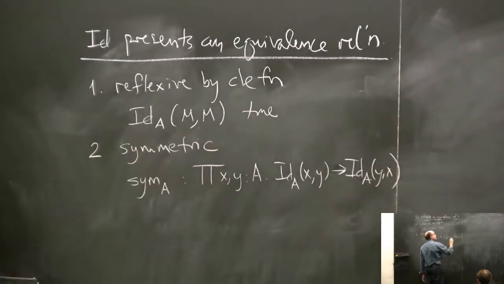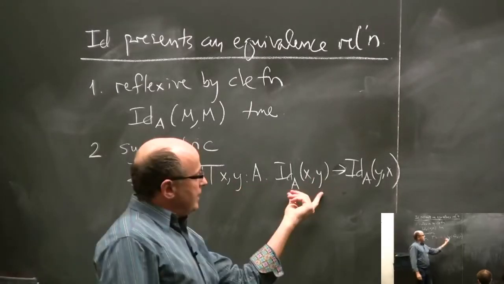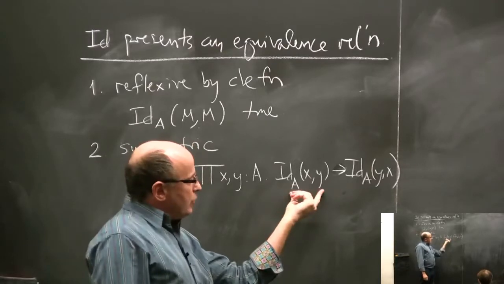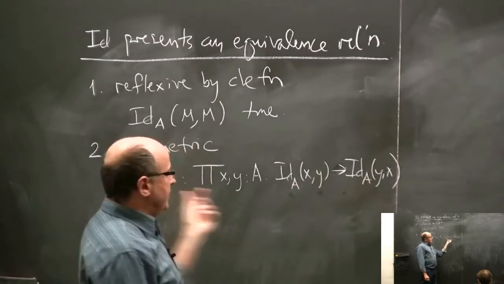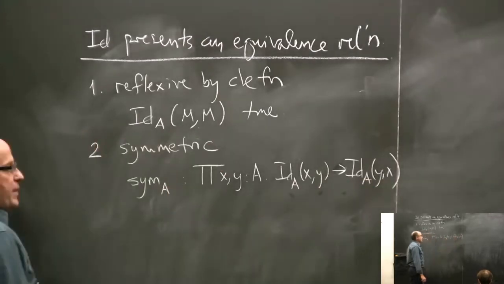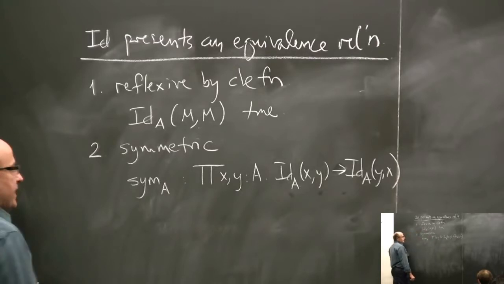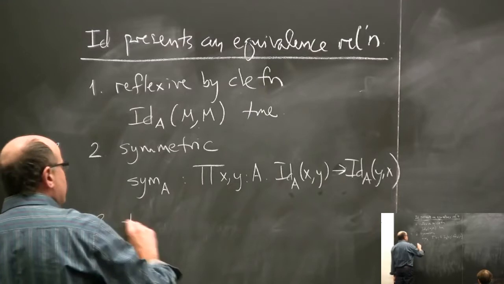Okay, so that's an arrow there that I'm writing. The idea is that if you take an identification or a path or whatever word you use here, a proof, it has some correlated proof that reverses the arrow. So we can expect symmetry. So we want to figure out how to write that.